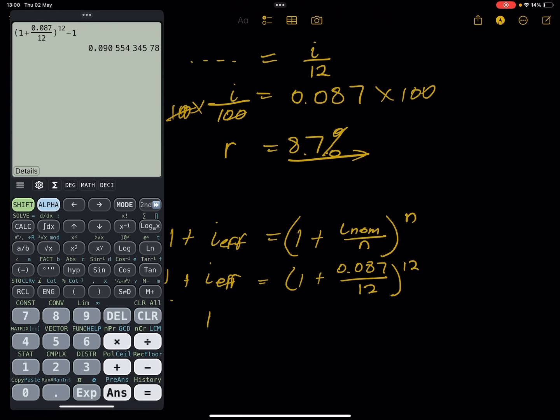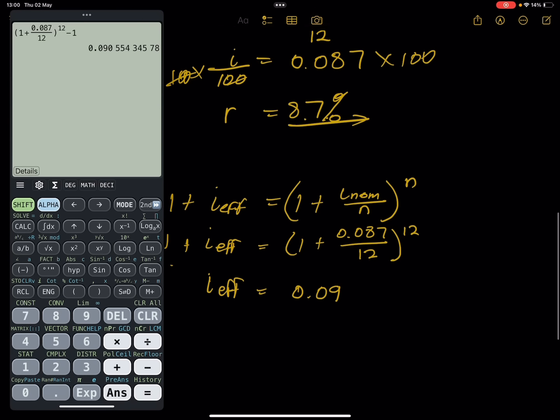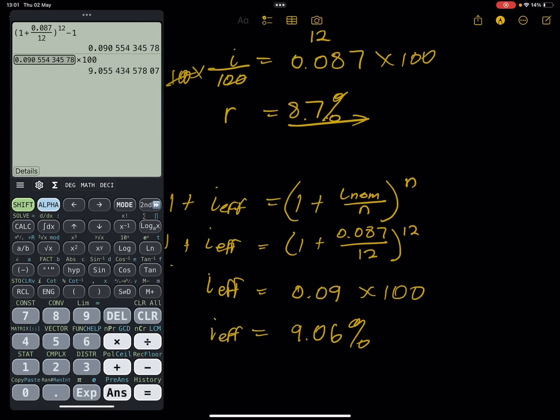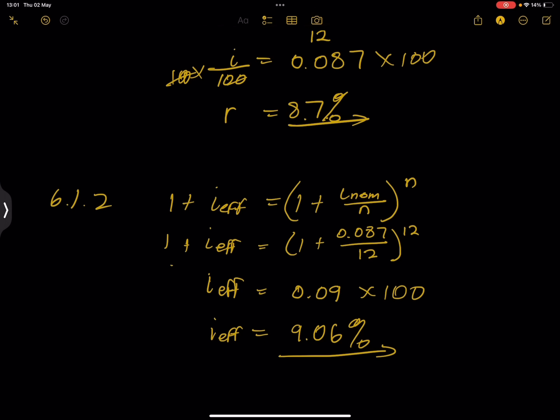And so my effective interest rate in this case will be 0.09. But of course, if I want to write it in percentages, I just simply multiply that by 100. So if I take that value multiplied by 100, that will give me, we can say, 9.06%, shall we? So that's my effective interest rate. I hope that makes sense, ladies and gents.